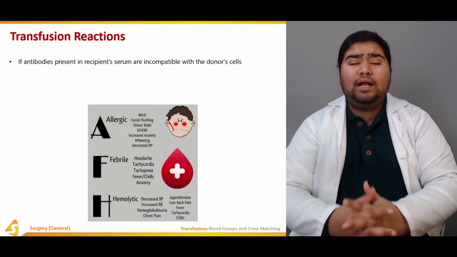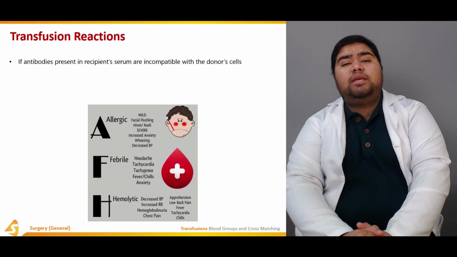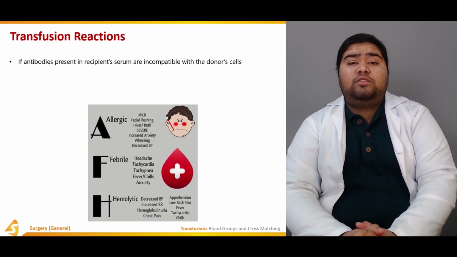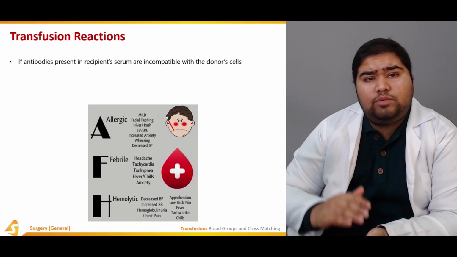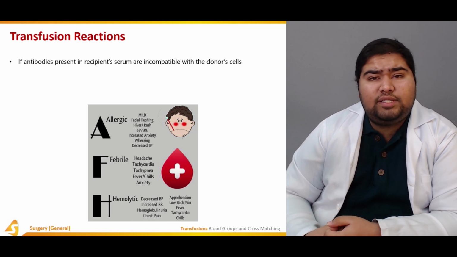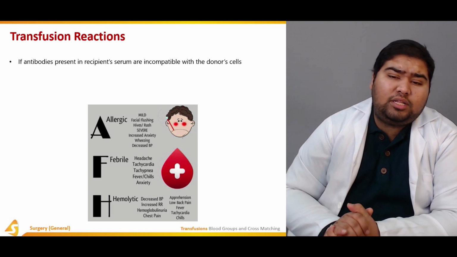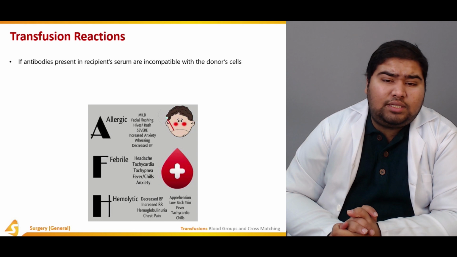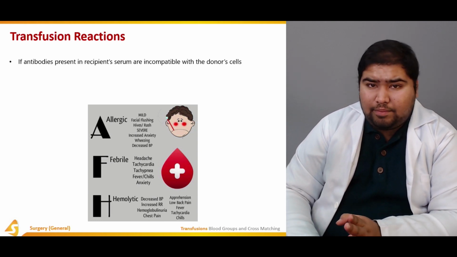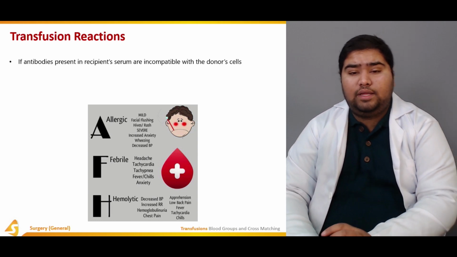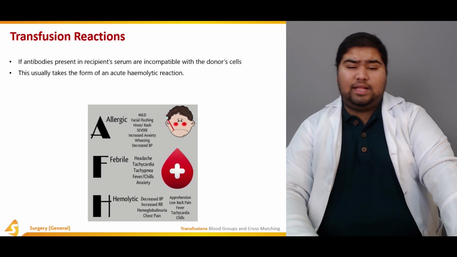So why do they occur? The transfusion reactions occur because of the presence of antigens and antibodies. The antigens are present in the blood, and the corresponding antibodies are present in the recipient. So there's an antigen-antibody reaction, as a result of which the transfusion reaction occurs. These antibodies are present in the recipient's serum, and they are incompatible with the donor cells.